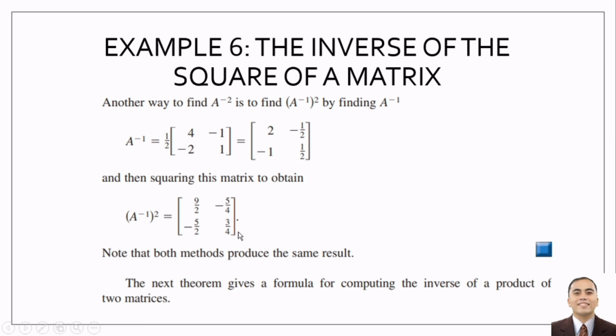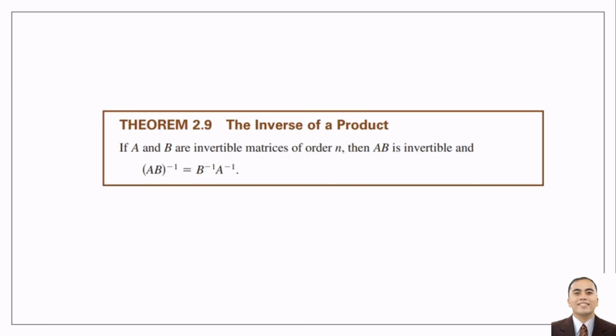Therefore, the previous answer or the previous matrix produces the same result, which is this final matrix. So the next theorem gives a formula for computing the inverse of a product of two matrices. Theorem 2.9 states the rule for the inverse of a product.